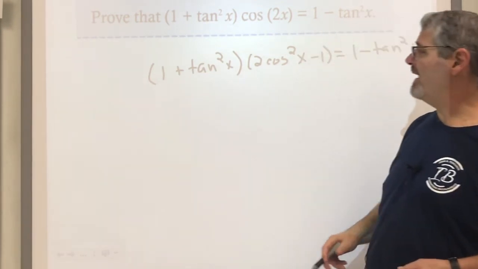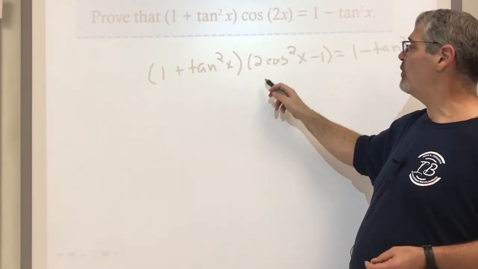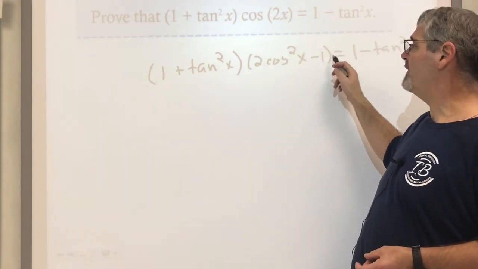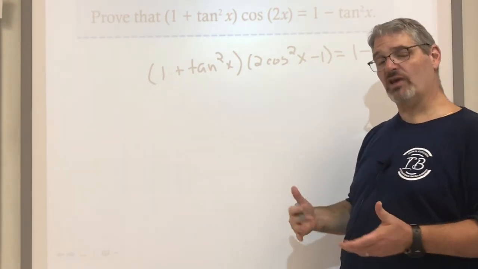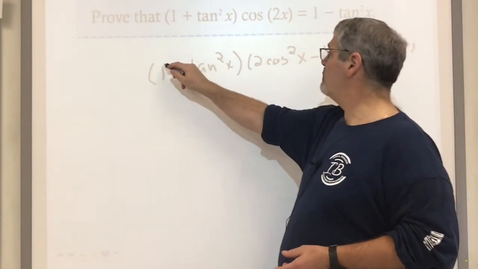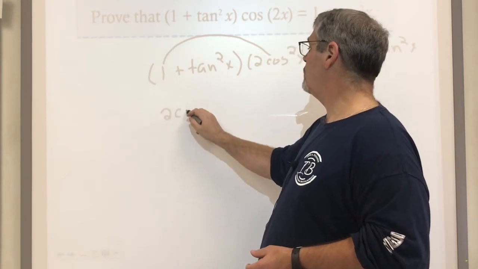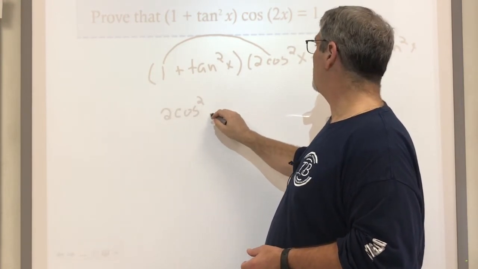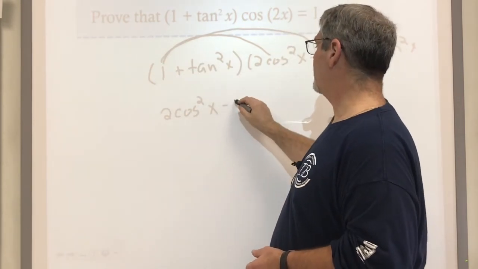All right? Now here I have a binomial 1 plus tangent squared. Here I have a binomial 2 cosine squared x minus 1. When I have two binomials, my impulse is to FOIL. And that's exactly what I'm going to do. I'm going to multiply 1 times 2 cosine squared x, and I'm going to get 2 cosine squared x. 1 times negative 1 is negative 1.